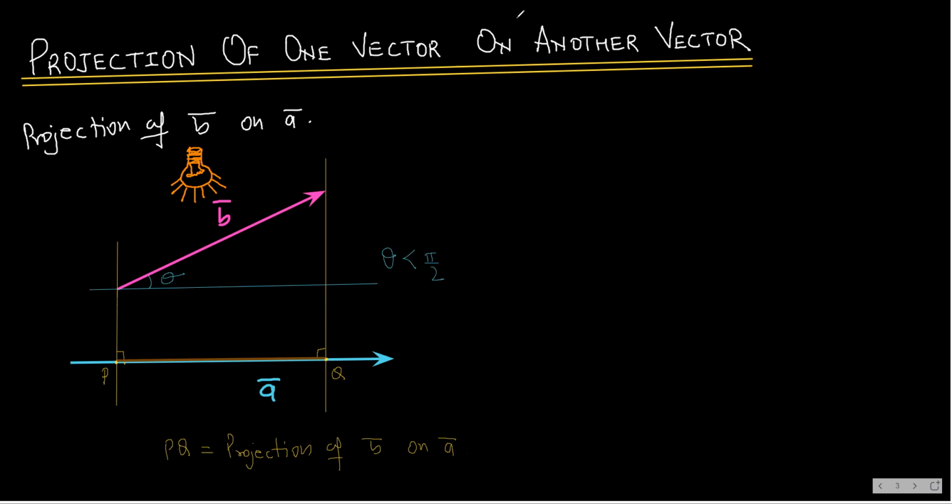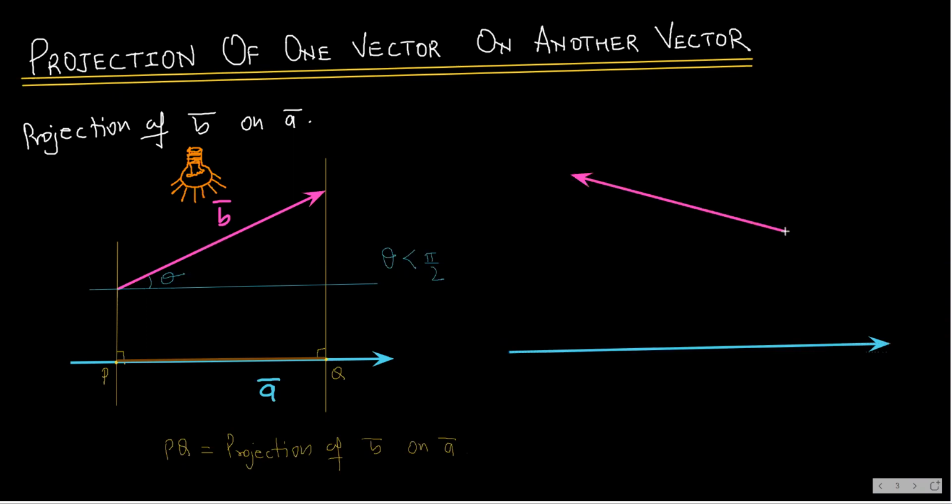In another case of projection, suppose I have vector a bar here, and vector b bar happens to be this way.